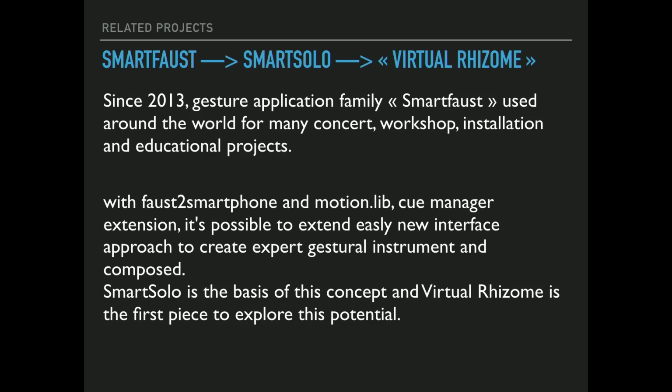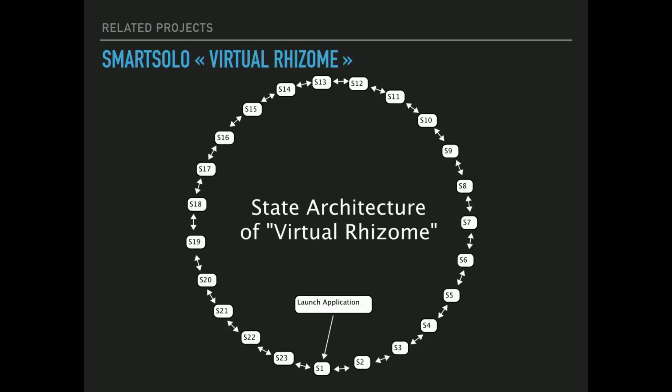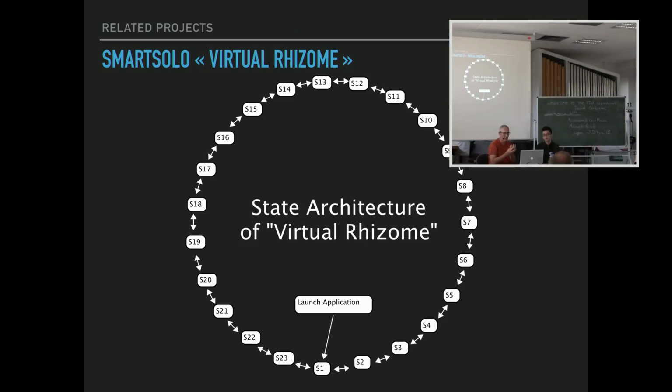I will explain the basics of the architecture of this piece. We don't have only one Faust DSP project, but we have 33 DSP projects. And with your phone, with a gesture, you can choose where you go.